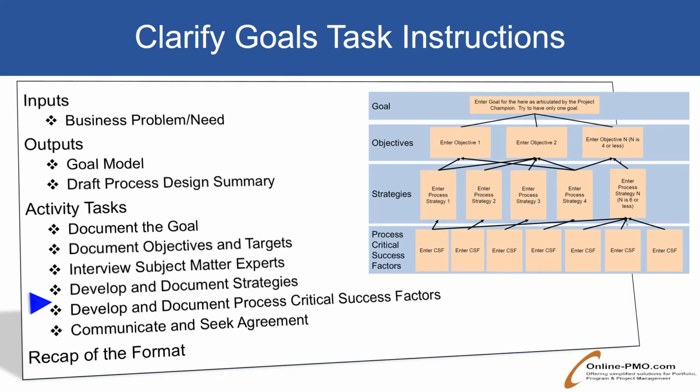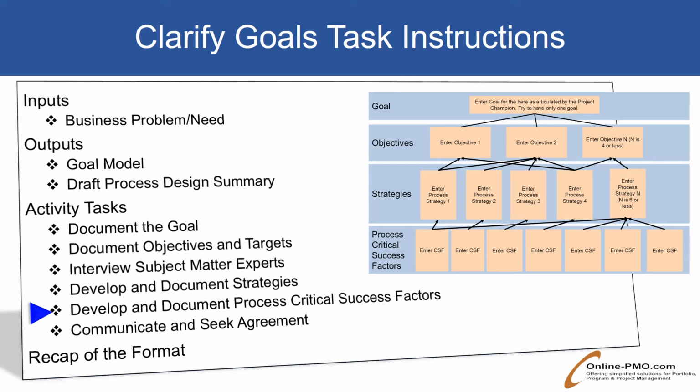The fifth task is to develop and document process critical success factors. Finally, through the analysis of the strategies, the business relationship manager will identify the critical success factors, which are required for the strategies to be successful. These factors must determine the must-have elements or conditions for success.